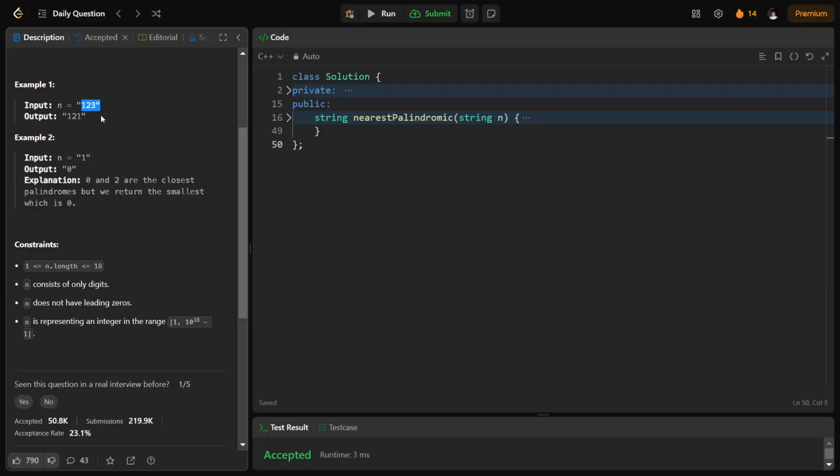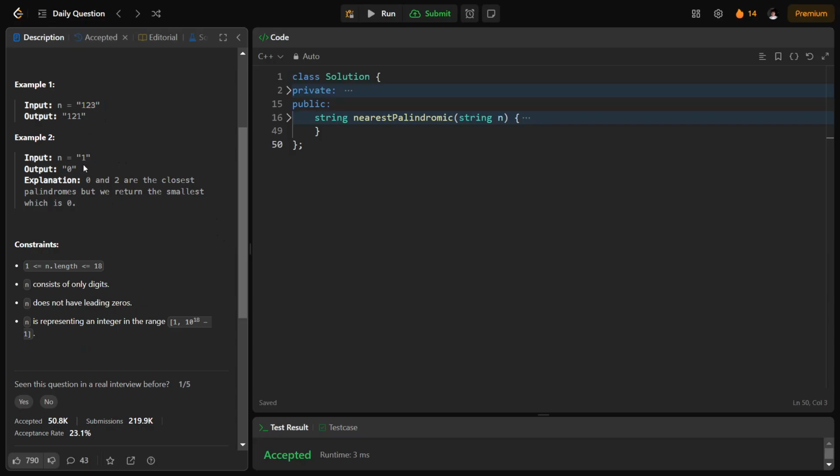Another example would be 9111: 111 is also a solution, but it's not the closest. The closest is 121, and a number above this could be 323 as well, which cannot be the solution because it's not close at all. The answer could be 131 as well, because 131 would also be a palindrome, but it's not close to this at all.